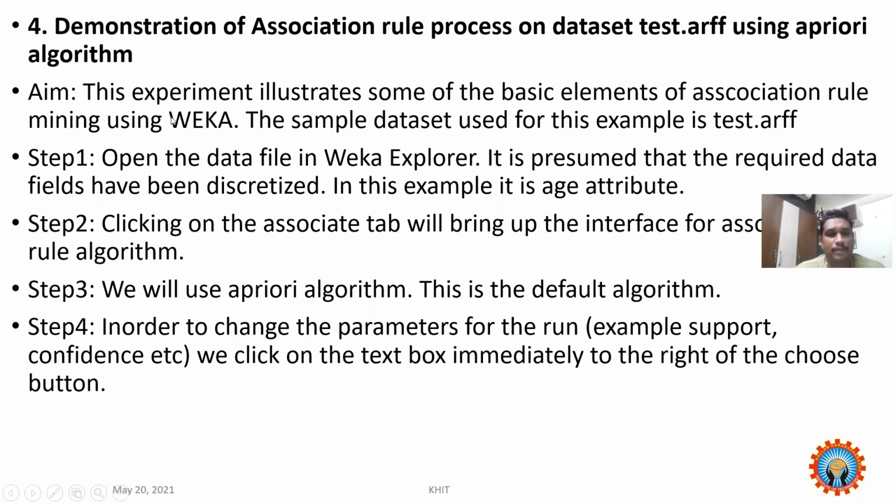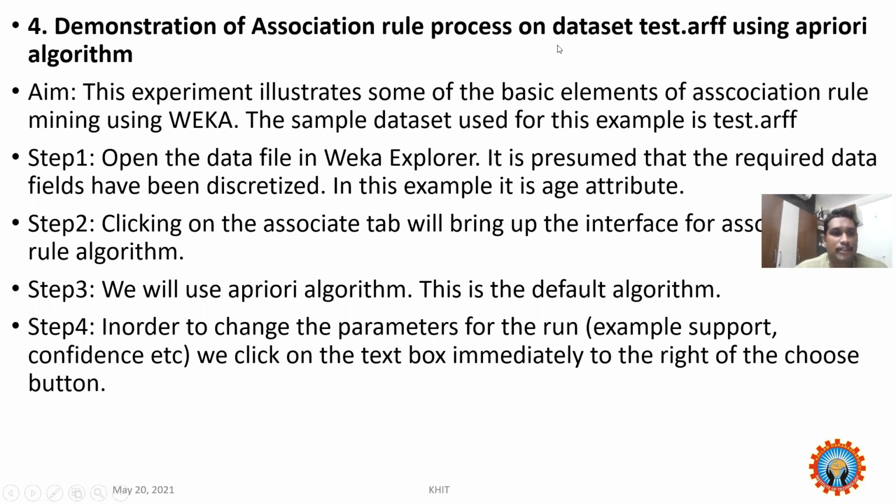The main aim of this experiment is to illustrate some of the basic elements of association rule mining using Weka. The sample data set used for this example is test.arff. In this data set we are taking an academic year, and predicting which branch a particular student is choosing. Based on the particular year, the engineering student is opting for a particular branch.